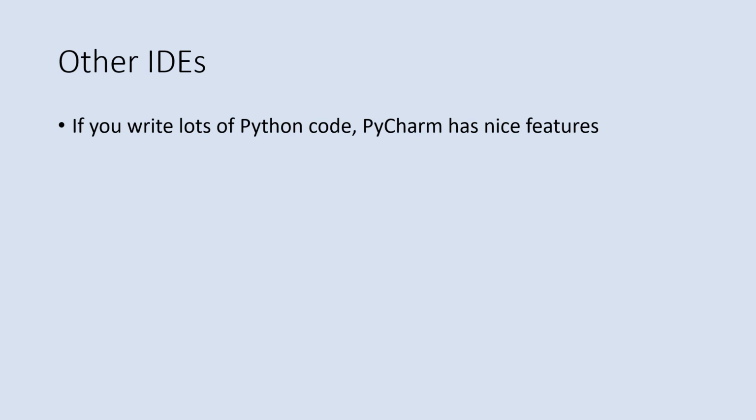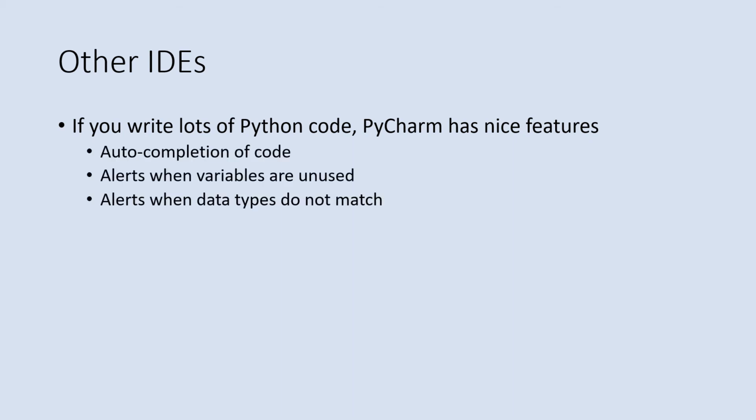If you write lots of Python code or you're going to write more in future, you might want to eventually start using Pycharm. It has lots of nice features. It's a little more complicated. Some things are available to an extent in IDLE, but Pycharm really goes the extra bit. Auto completion of code.